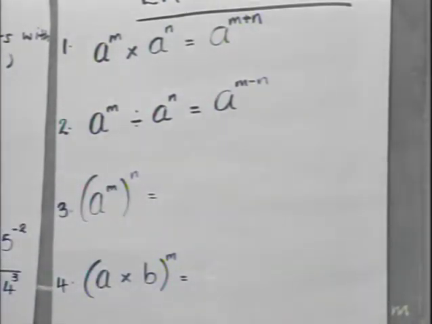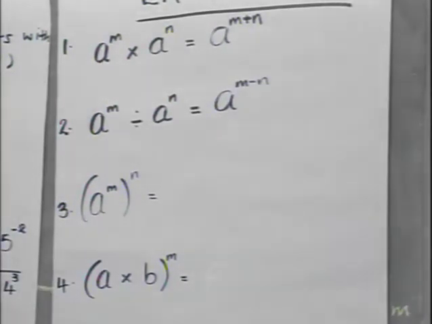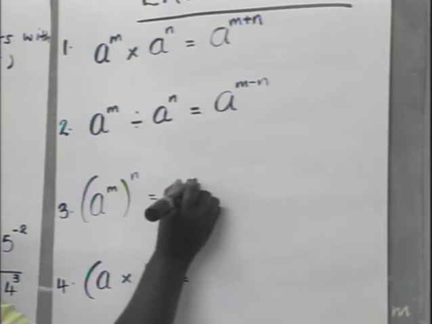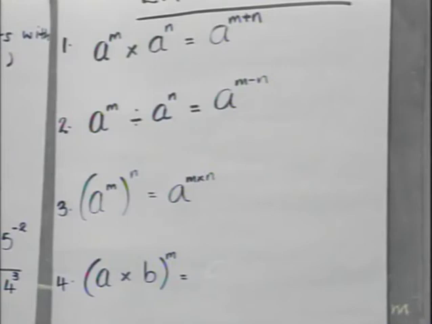Kyle, your turn. What's the answer to this? A to the power of mn, or A to the power of m times n. Okay, this one, rule number 4, A times B raised to the power of m. Solomon?